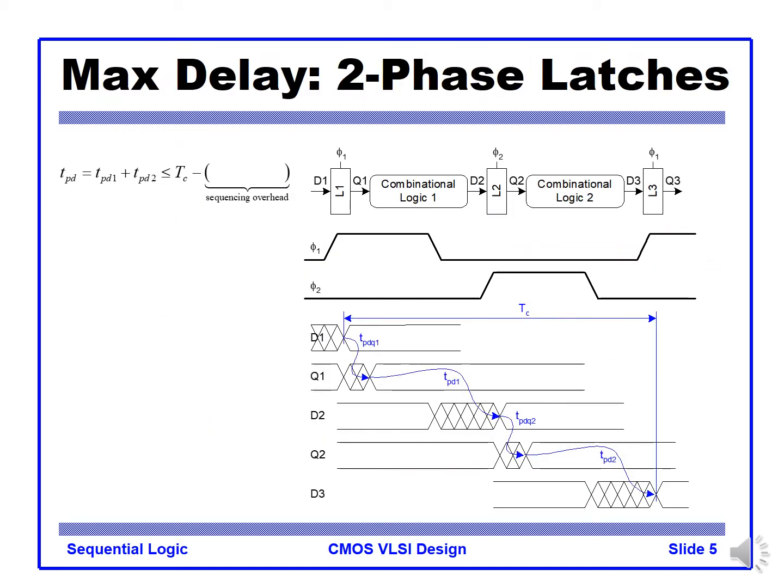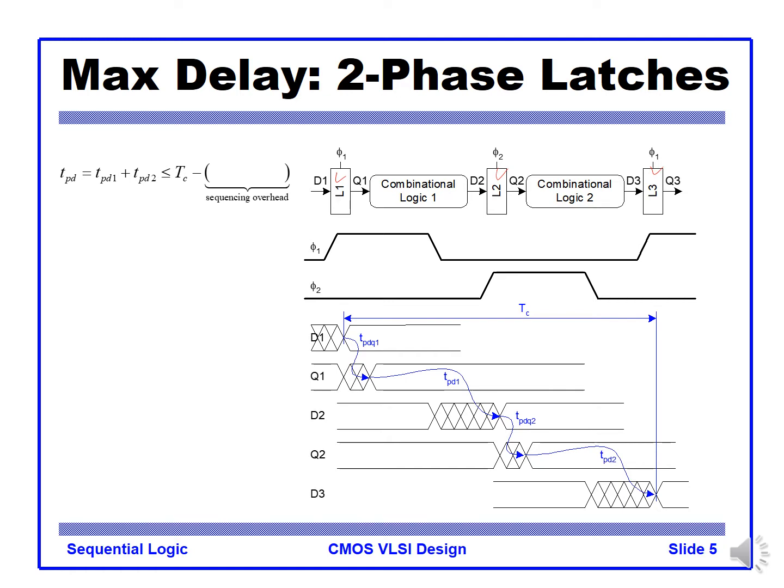Now let's calculate the maximum delay for the two-phase latches. We have latches 1, 2 and 3, and between the latches we have combinational logic.